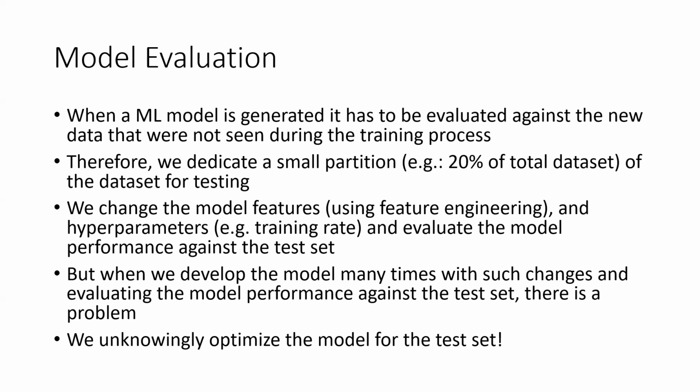When we do this process, you would come up with many feature engineering optimizations and many hyperparameter optimizations, and you will come up with many machine learning models which we are going to test with the test data set, right?